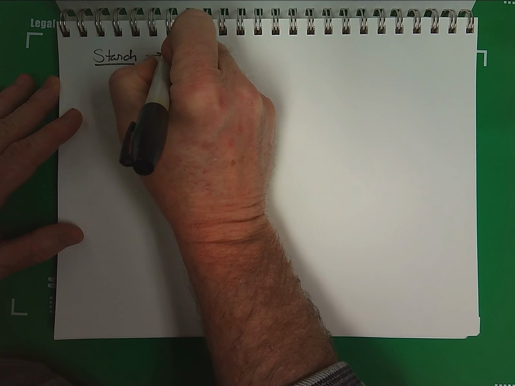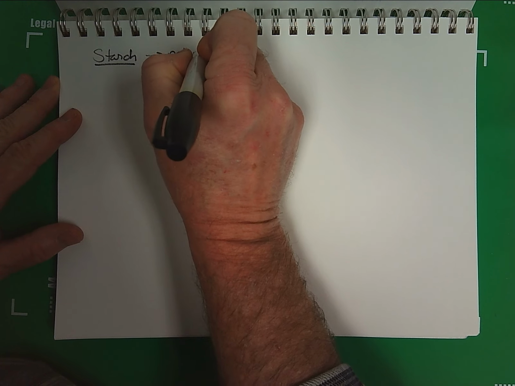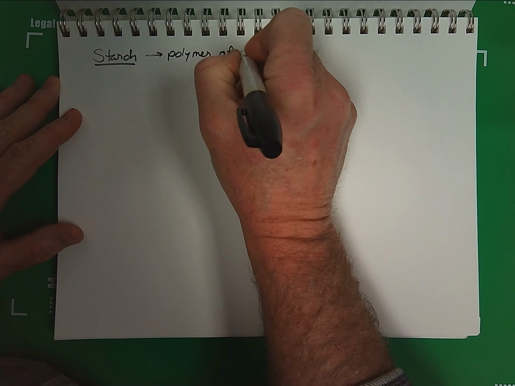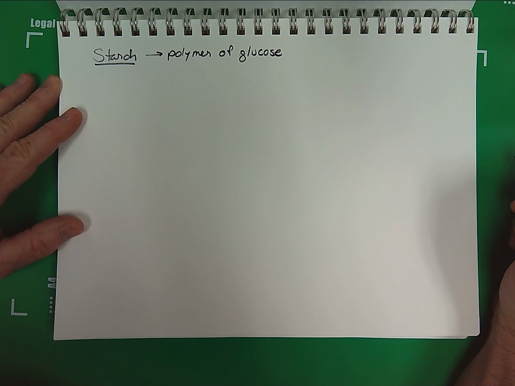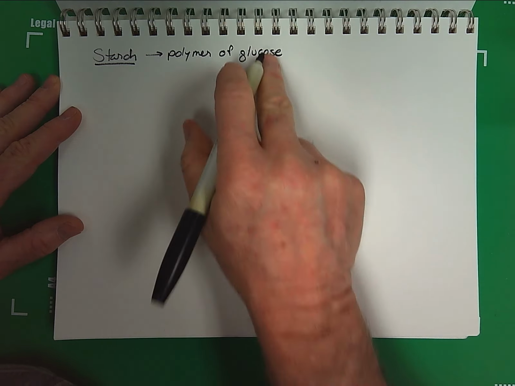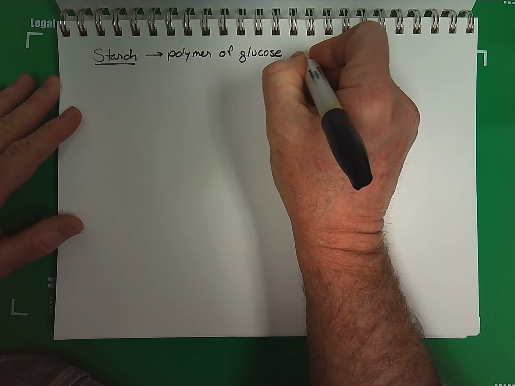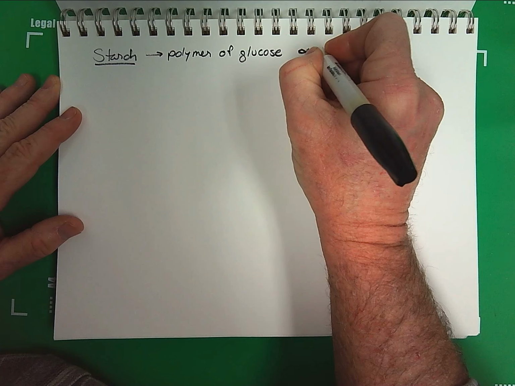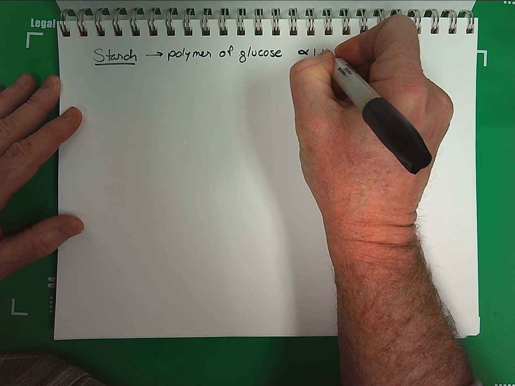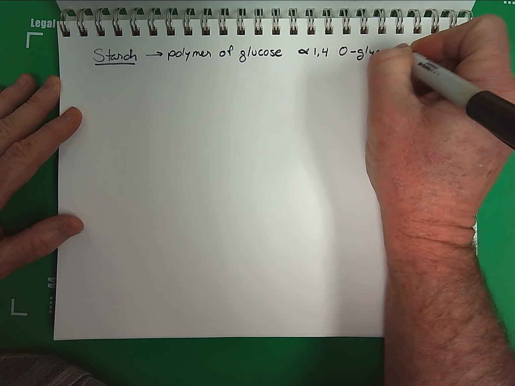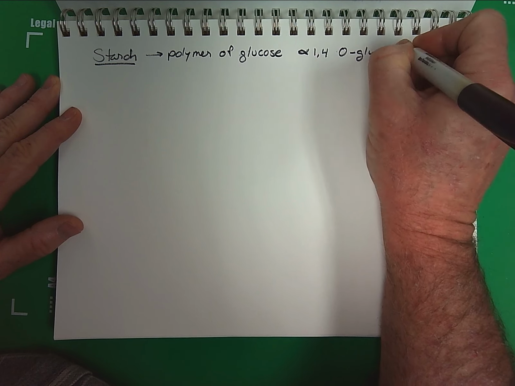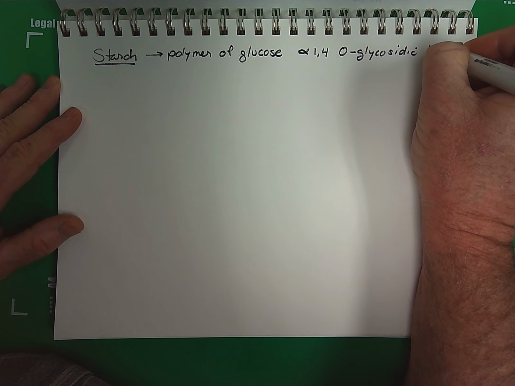So starch is essentially a polymer of individual glucose monomers, and these are linked covalently using alpha-1,4 O-glycosidic linkage.